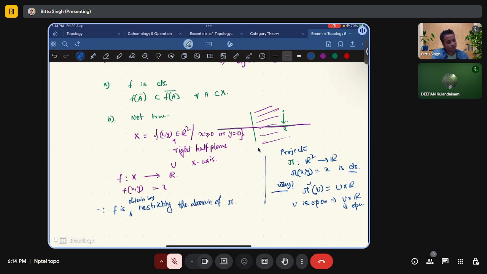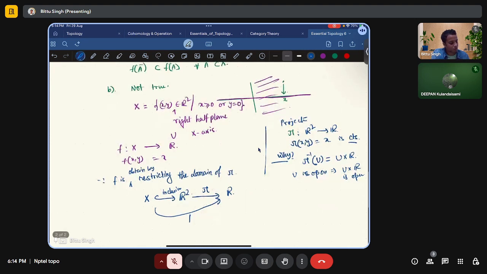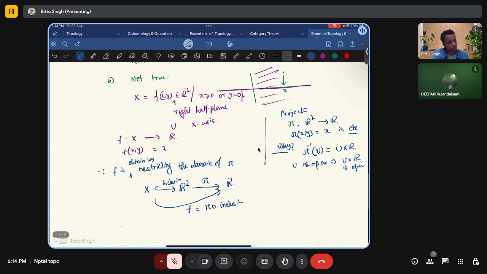Restricting means it is nothing but this: f is the inclusion of X in R2, which is always continuous. We have already observed this. And now from R2 to R we have the projection pi, right? And this map is the inclusion. So we can also see the composition this way: f equals pi composed with inclusion, and both are continuous. Therefore, this should be continuous, right? So f is continuous.